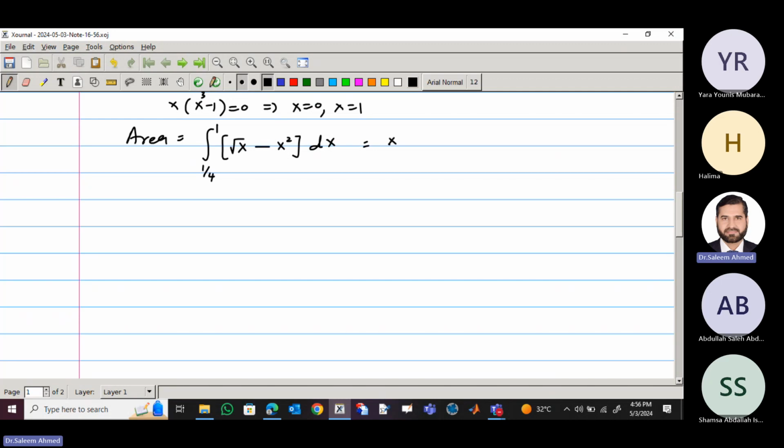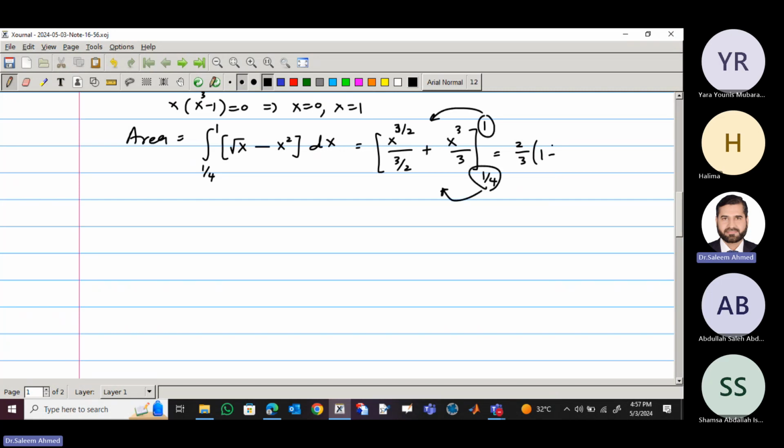The integration of square root of x is x to the power 1 by 2 plus 1, which is 3 by 2, divided by 3 by 2. Now these formulas are given in 5.2, so if you don't do 5.2, of course, you will be stuck here. And then x cubed by 3. Chapter 5 was done in calculus 1, but it is a topic from calculus 1, so you should definitely remember it. Then I put in the limits, first 1, then 1 by 4.